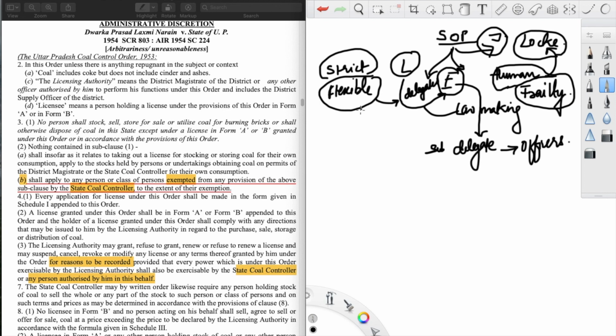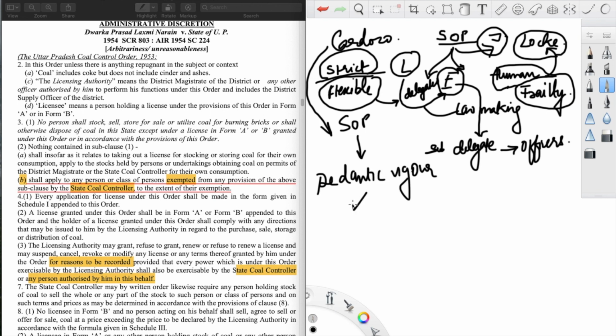One argument was given by Justice Cardozo that any rule under the separation of powers does not have to be necessarily obeyed in its pedantic vigor, and certain assumptions of powers between the organs shall be allowed.